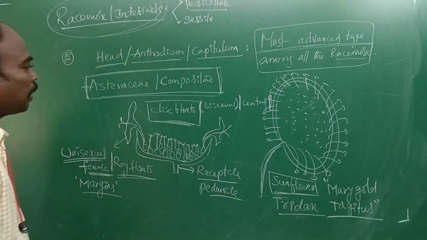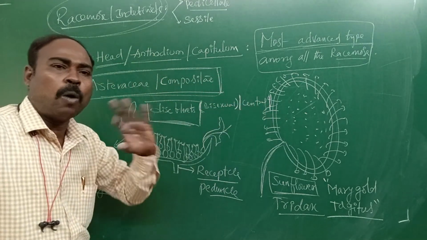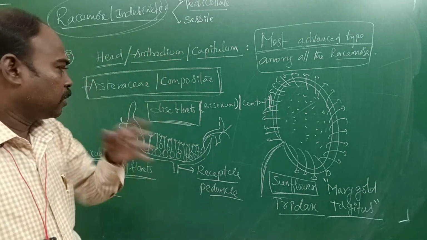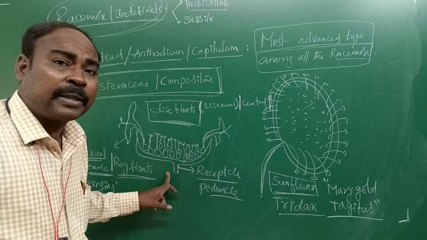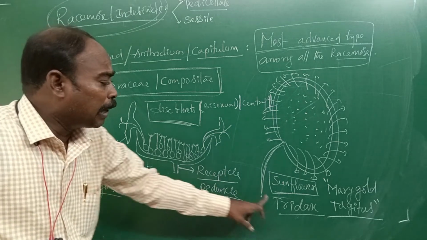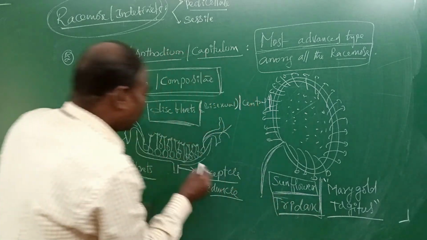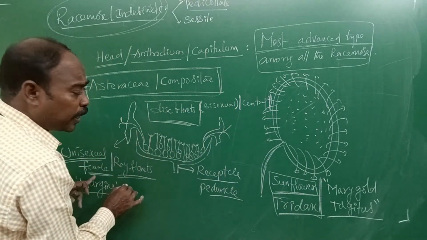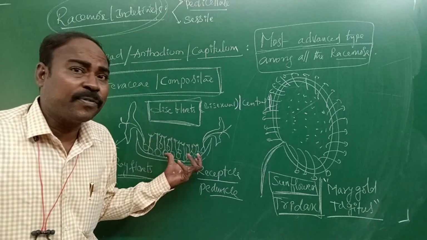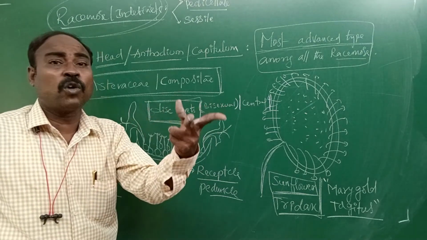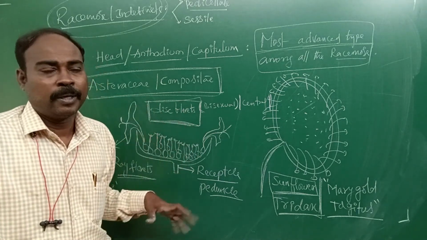But this head inflorescence is classified into two types: homogeneous and heterogeneous. See here, in sunflower, Tagetes patula or Tridax, the periphery has ray florets and the center has disc florets. When the head inflorescence has two kinds of florets, it is said to be heterogamous.